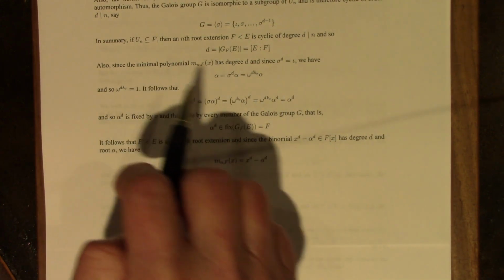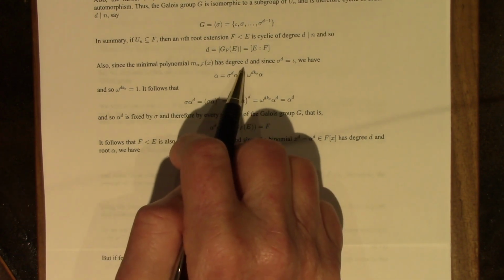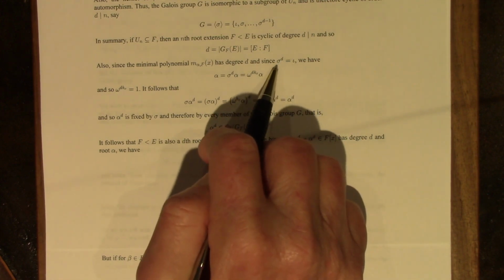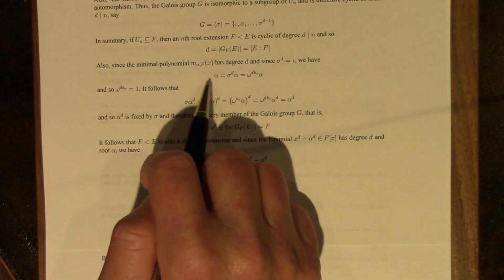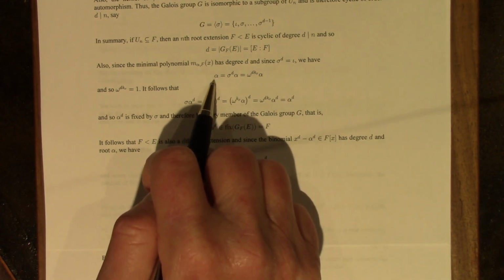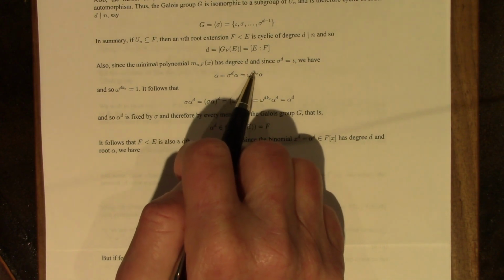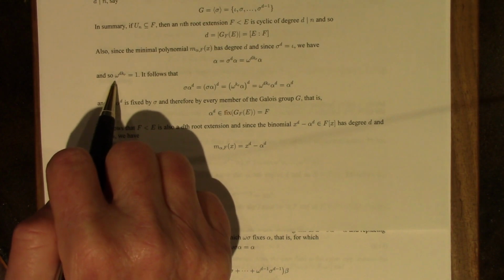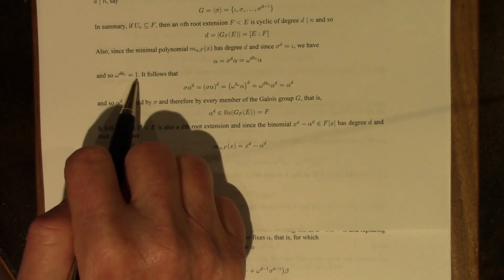Also, the minimal polynomial of alpha over F will have degree D. But notice, sigma to the D is the identity. Sigma has order D. And so alpha, the generator, is sigma to the D of alpha, which is omega to the D k sigma of alpha. And so omega to the D k sigma is 1.